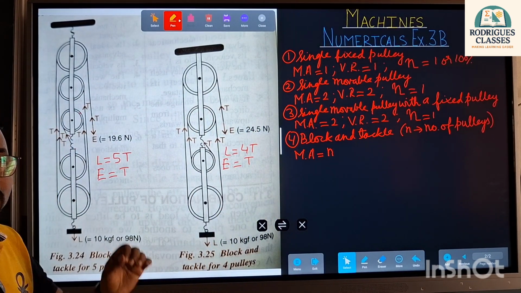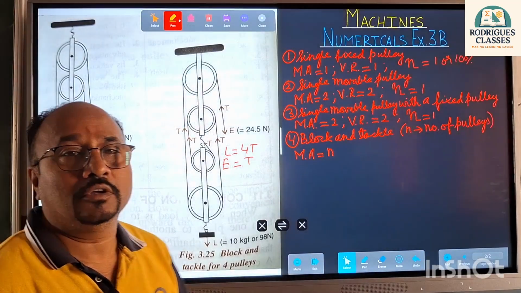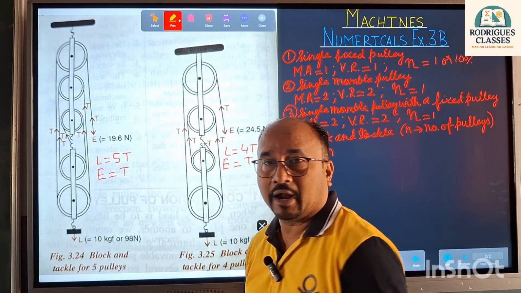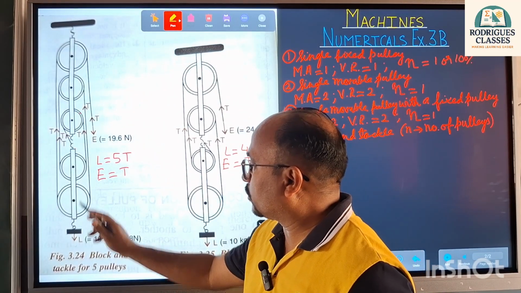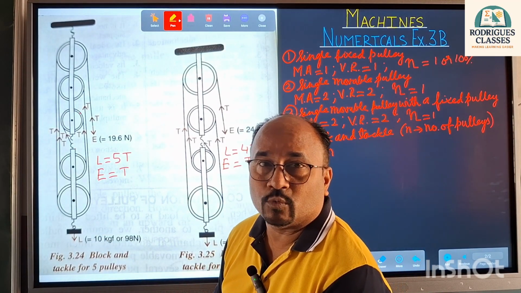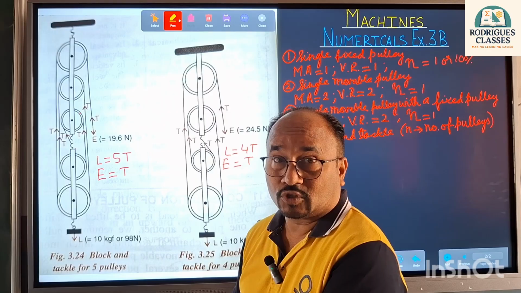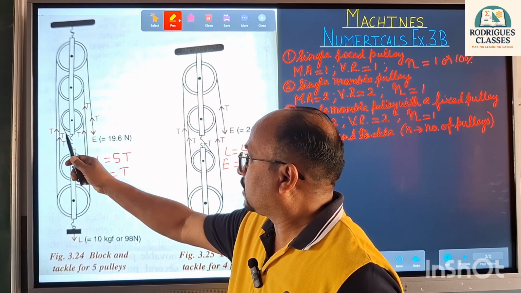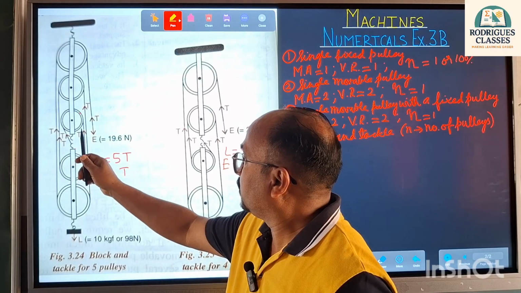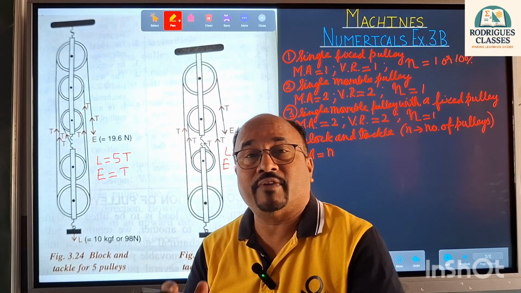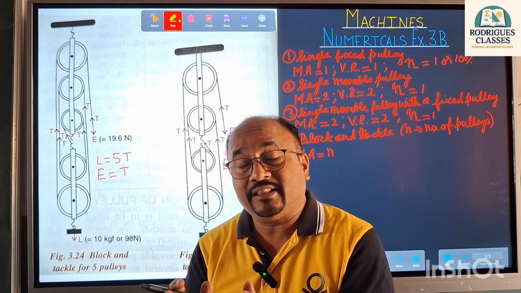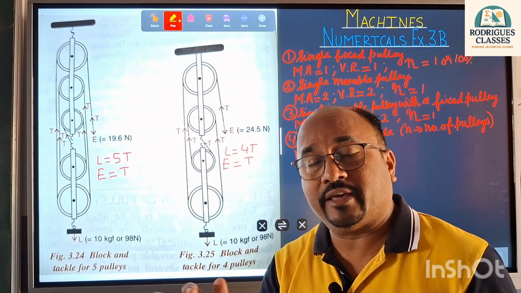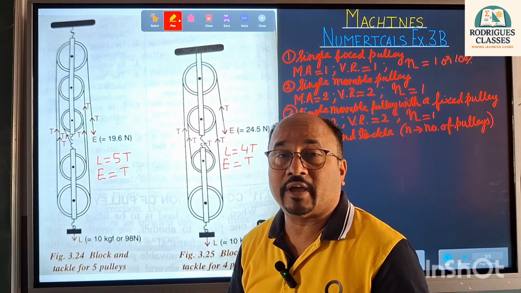Now for the velocity ratio. See, as I told, keep in mind this will be completely at the lower part. So whenever this load gets lifted by, think 1 meter, for it to be lifted by 1 meter, this 3 of them, 4 and 5, all these 5 strands' length should get reduced by 1 meter. So everywhere at 5 places 1 meter becomes 5 meters.